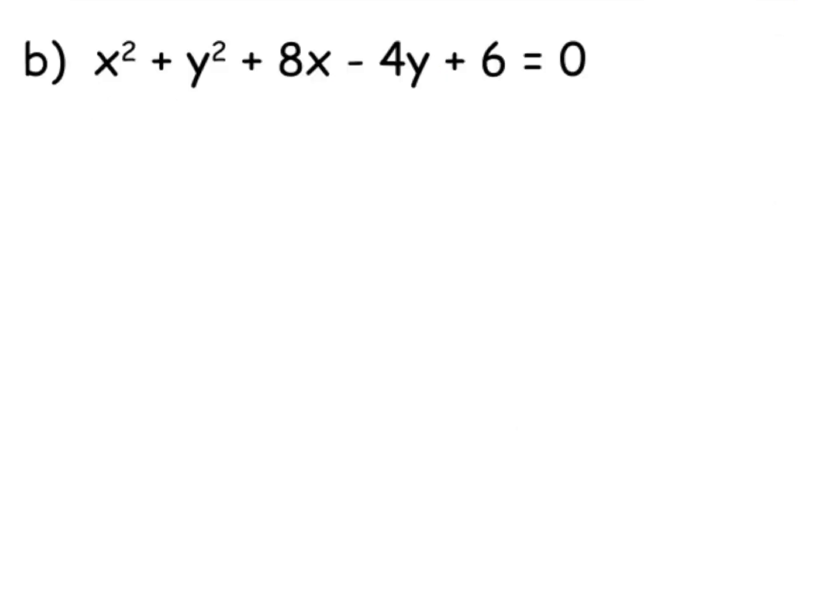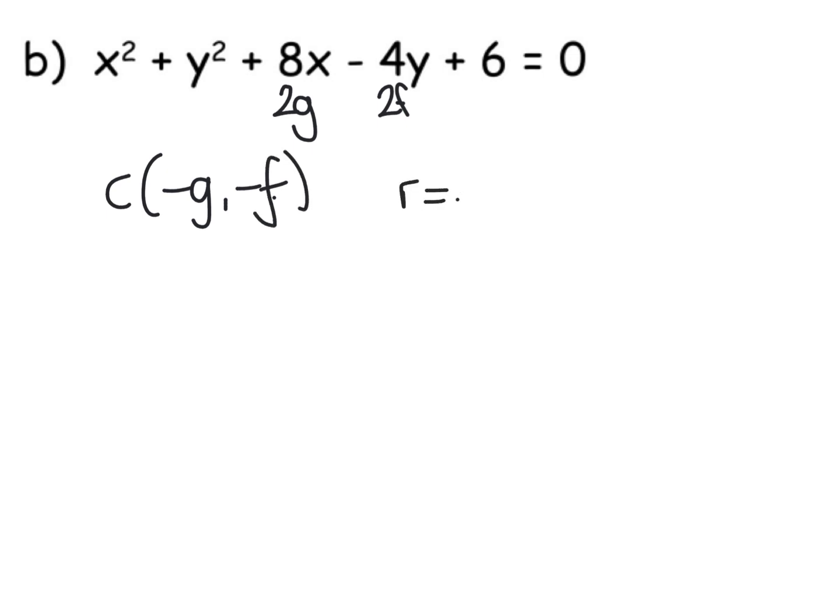Right, here's another one, we're going to do the exact same. This is your 2g, this is your 2f, your centre is negative g, negative f. Our radius is g squared plus f squared minus c.